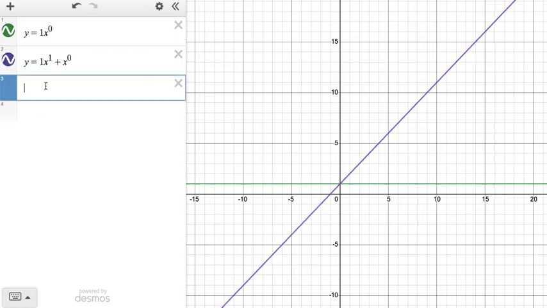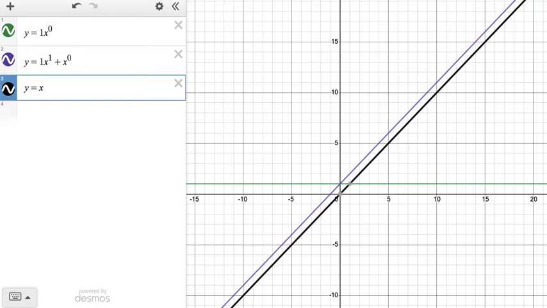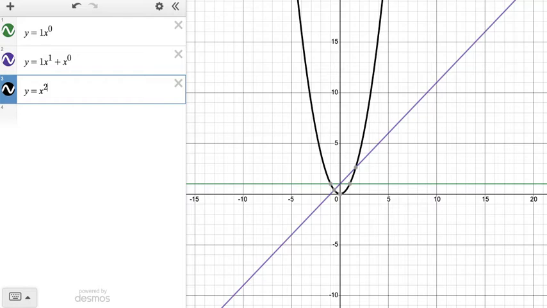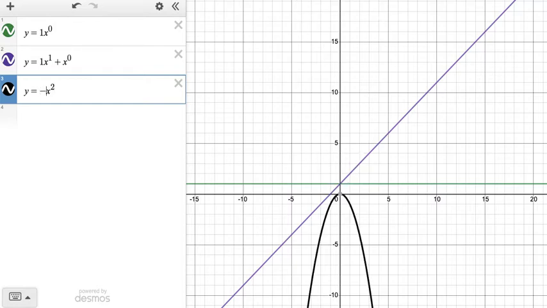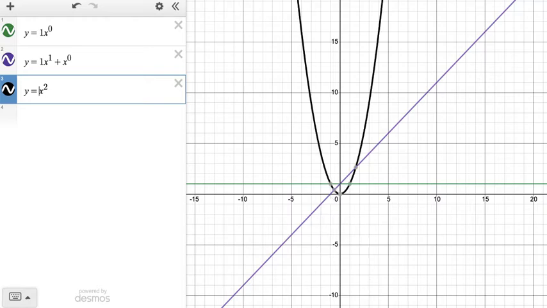When we bring it up to the second degree, okay, so x squared, what you can see now is we've got a curve going on. Now this curve can go two different ways because, well, what if x is negative? Right? Negative versus positive.